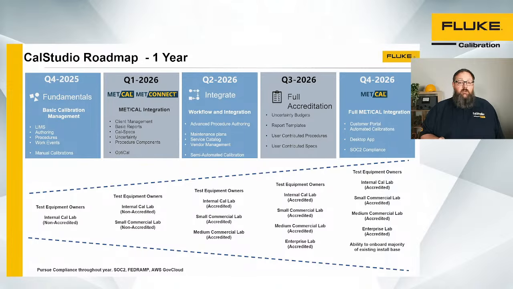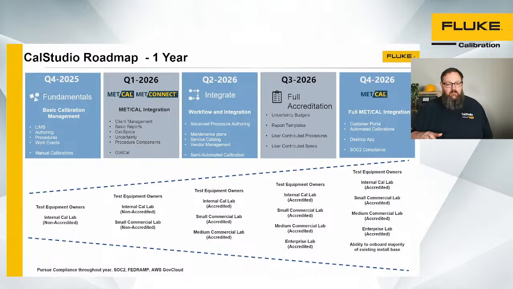It's important to note that MetTeam is going end of life next year. So June 30th of 2026, we will no longer be selling new installs of MetTeam. You'll be able to continue to buy additional licenses for your existing MetTeam installs through the end of 2027, and then support for MetTeam will end at the end of 2029. So MetTeam will be replaced by CalStudio, yes.